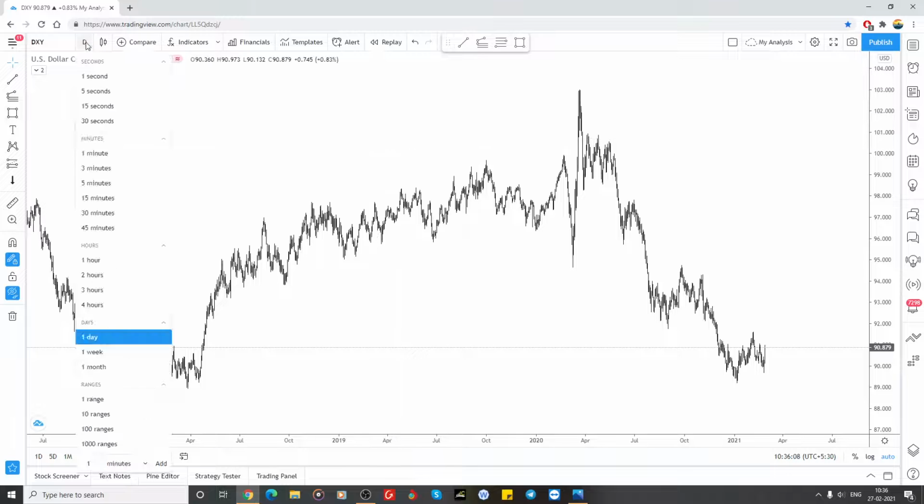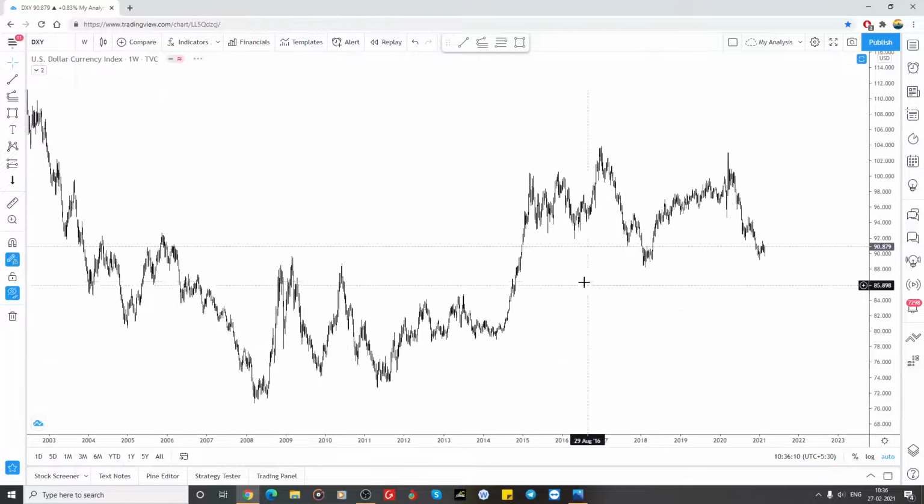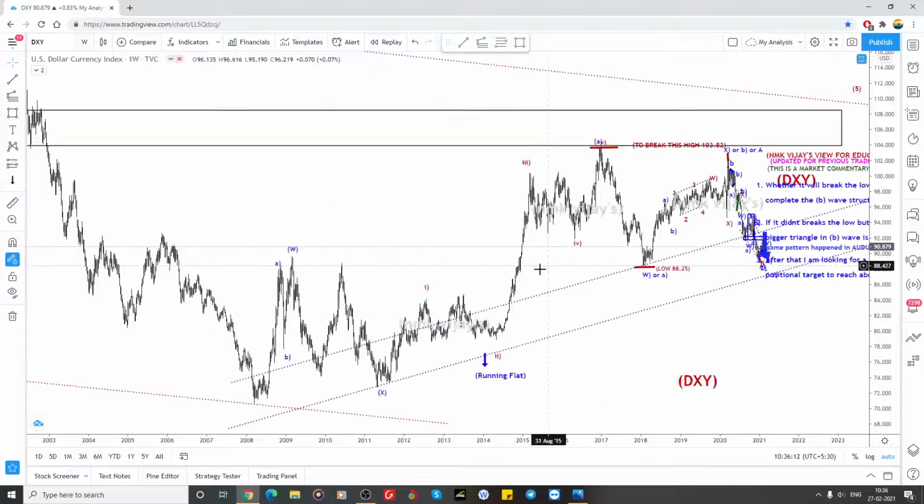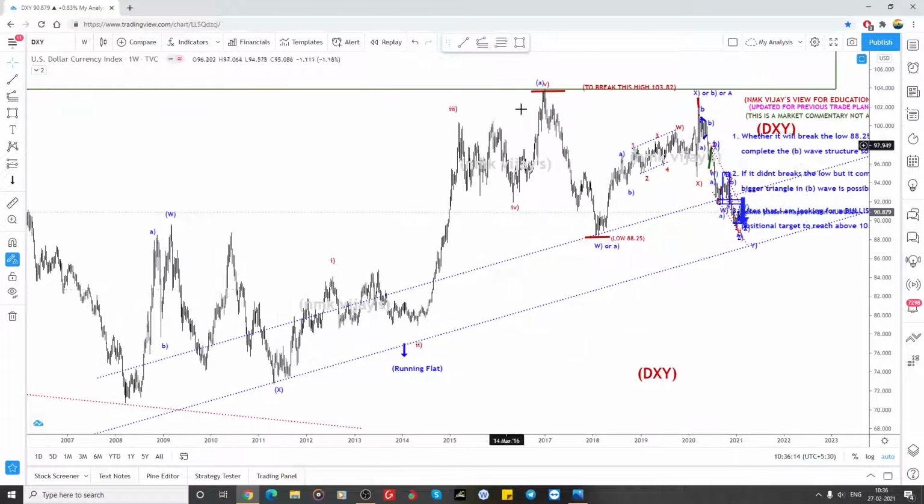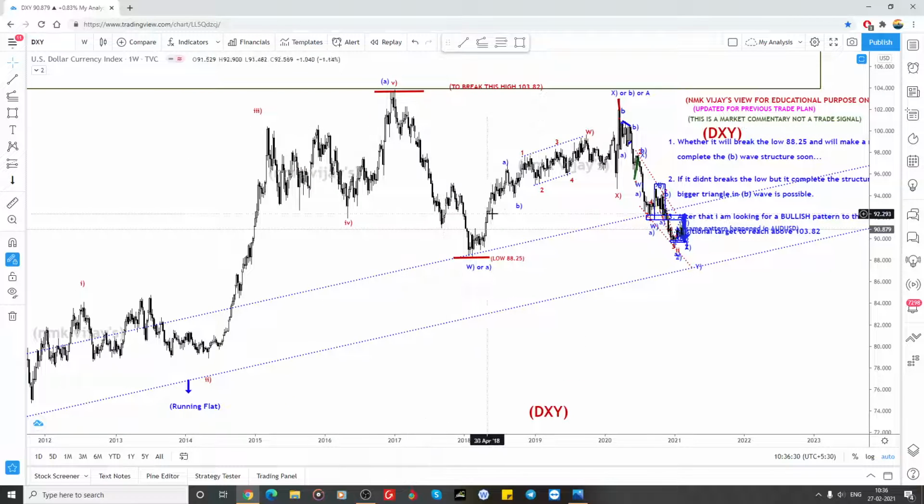So from that point of view, if we look at this as positional, the A, what I said is the WX 1 2 3 4 5 is A. So this is the A wave, and we are in the B wave. If it breaks this low, that will be the end of that B, and C has to break above this. But the B wave could be a triangle also.